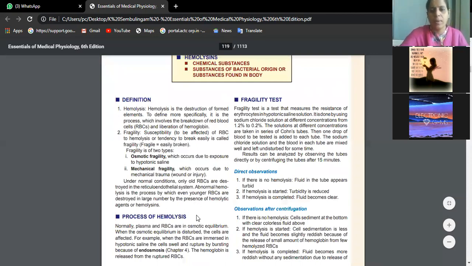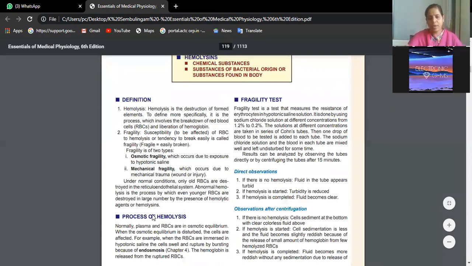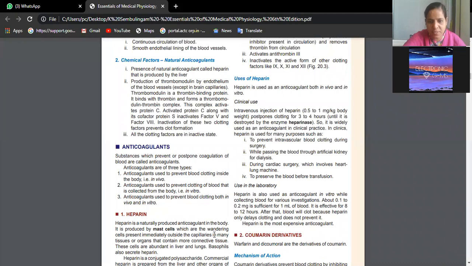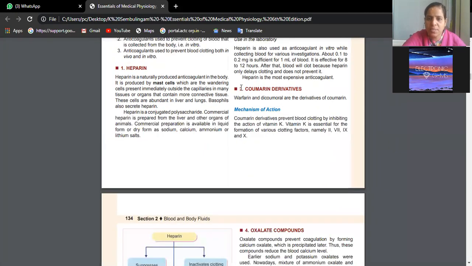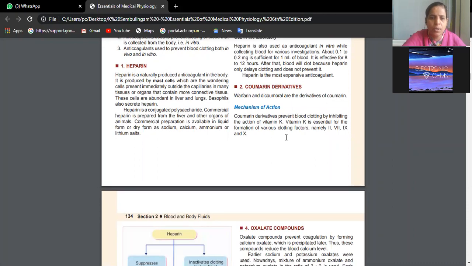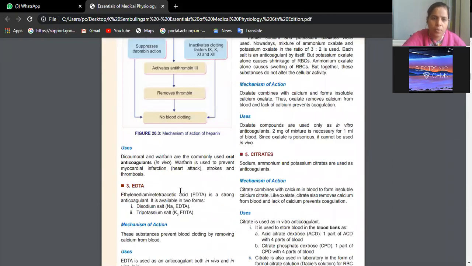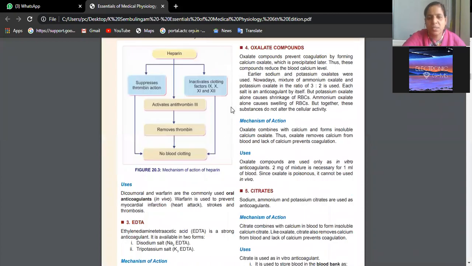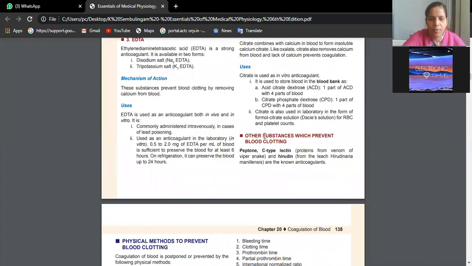The natural anticoagulant is heparin, which will not allow the blood to clot inside the blood vessels. Apart from that, you have coumarin derivatives, warfarin, and EDTA, oxalate compounds, citrates. Only the list is needed because it is a 3 marker. It also comes as a 5 marks question; then I will discuss in more detail. For now, just try to know the names.